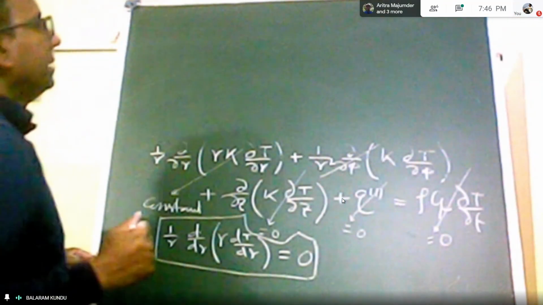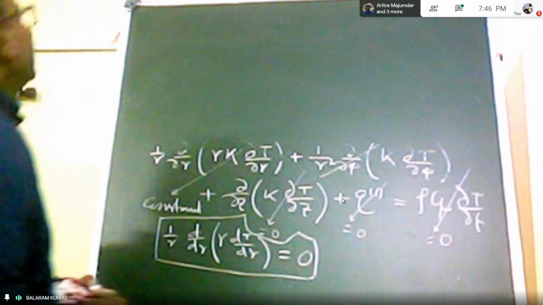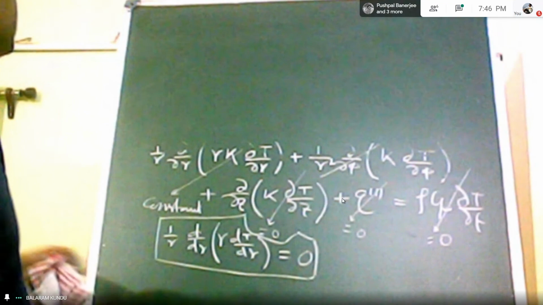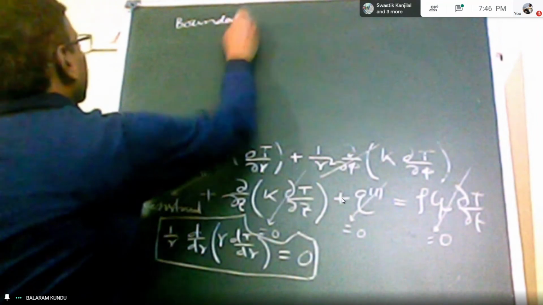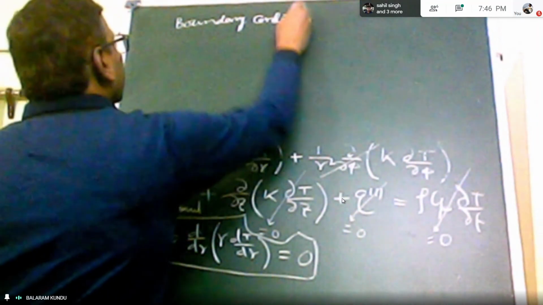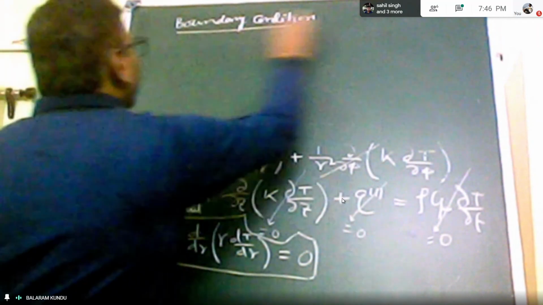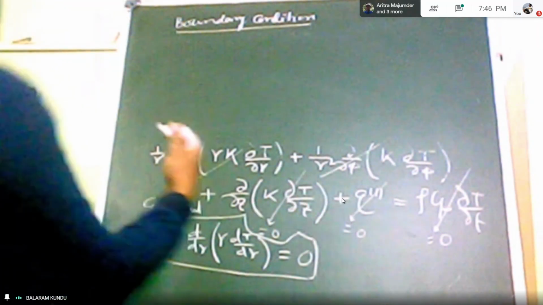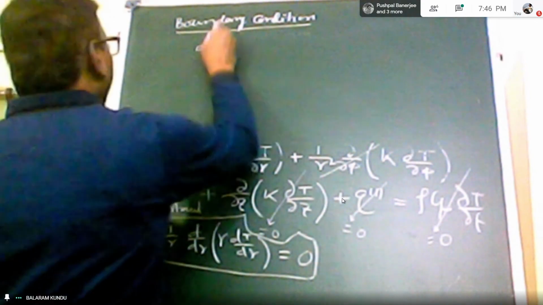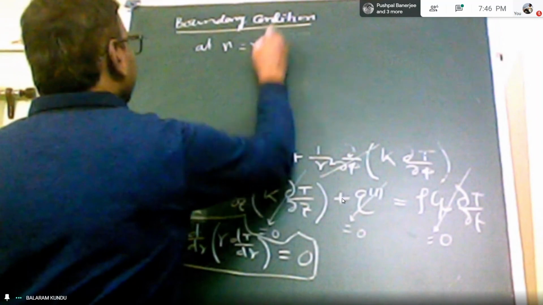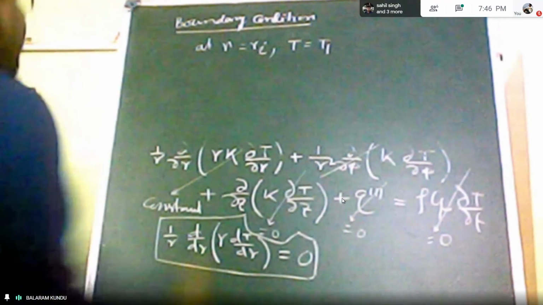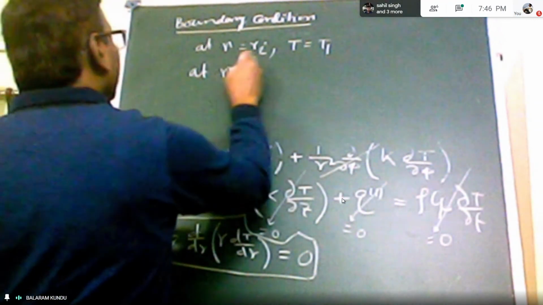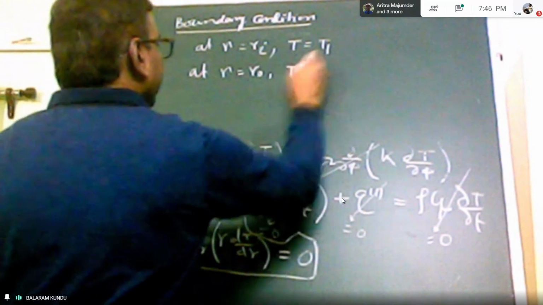Obviously this is a second order ordinary differential equation, so two boundary conditions are required to solve it. The boundary conditions: at r equal to Ri, temperature T equal to T1, and at r equal to Ro, temperature T2.